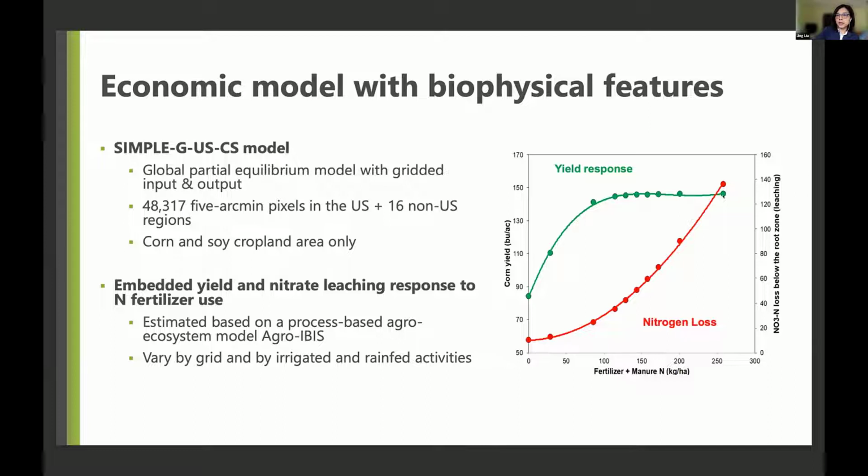And then we just collect those pairs and fit a curve for each individual grid cell. It's a Gompertz function, so we have the parameters for each grid cell and embedded those into our model.